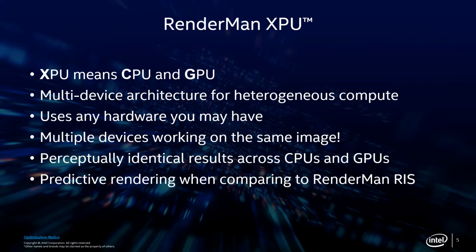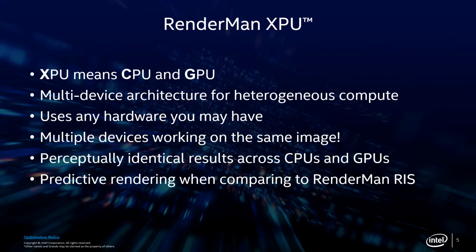Our goal is to let you leverage any hardware you might have, either on a laptop, workstation, a render farm, or over the cloud. XPU produces perceptually identical results across CPU and GPU, meaning that the same image produced by different compute devices will deviate mostly by subtle rounding error, but not in any fundamental way that you will be able to spot with the naked eye.